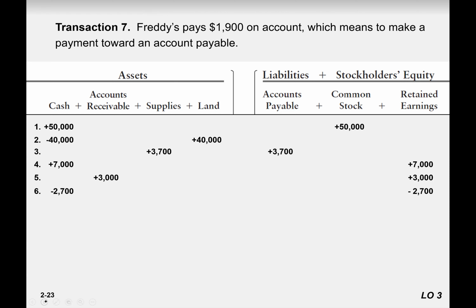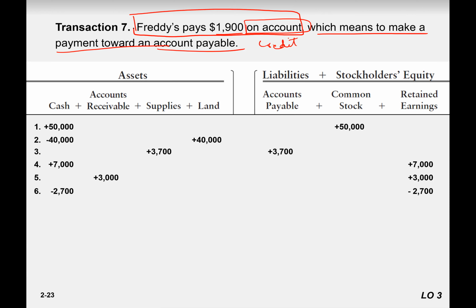Now the seventh one, Friday's pays 1,900 now on account, which means you paid for your credit, to make a payment towards your accounts payable. Even if this sentence is not mentioned here, this sentence is enough to give you the evidence that you paid your payable, because you pay your amount that is on account.